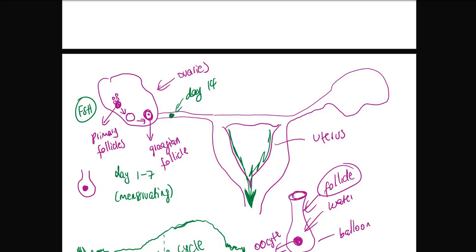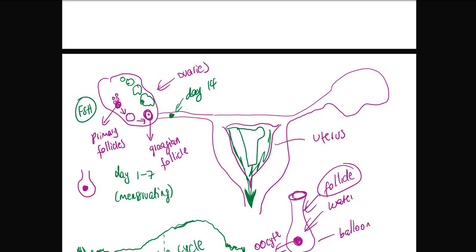Then what does the graafian follicle do? The graafian follicle turns into a corpus luteum. It turns into a corpus luteum that will be slowly generating. The corpus luteum, once it is there, it starts thickening the uterus. You understand?